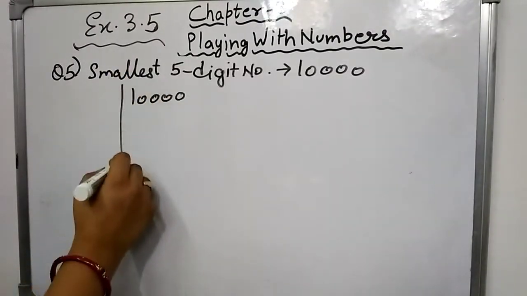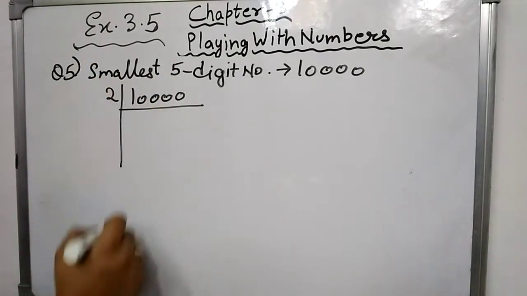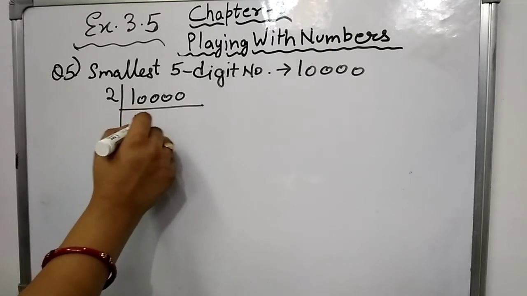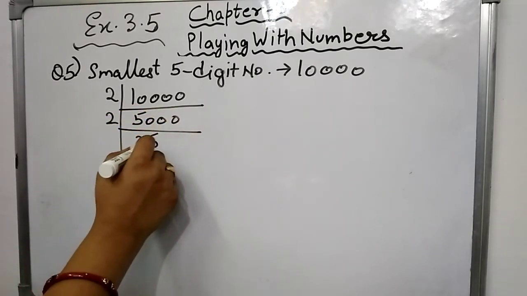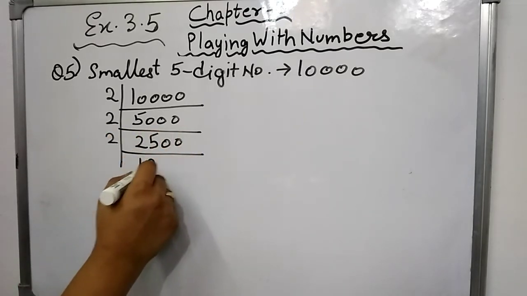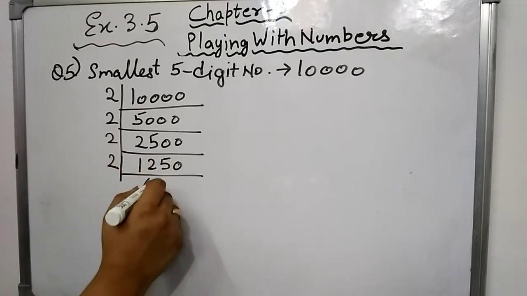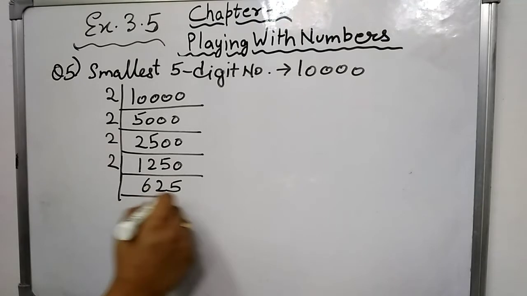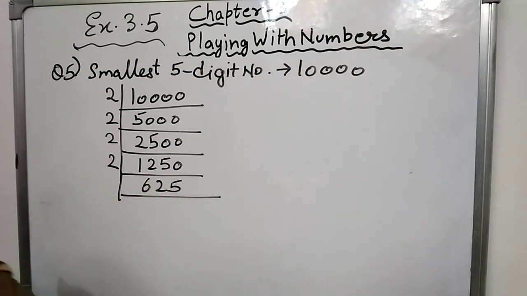Now let's do it with the repeated division method. It can be divided by 2. I divided by 2 and get quotient 5000. Again divided by 2, we get 2500. On dividing further by 2, we get 1250. Then 625.